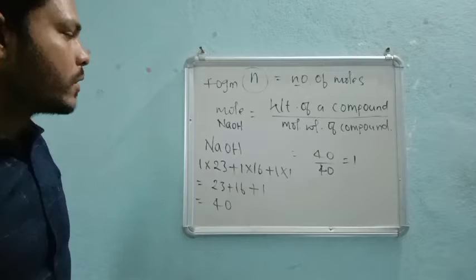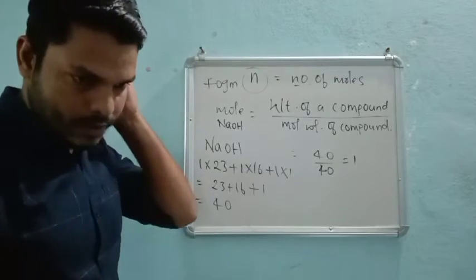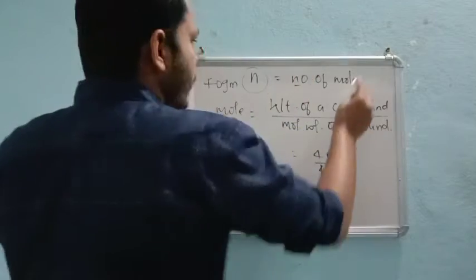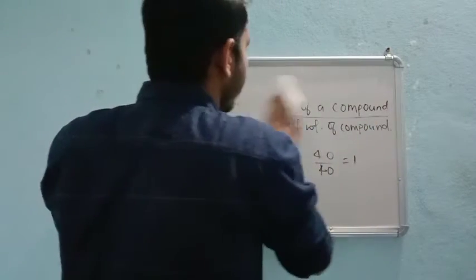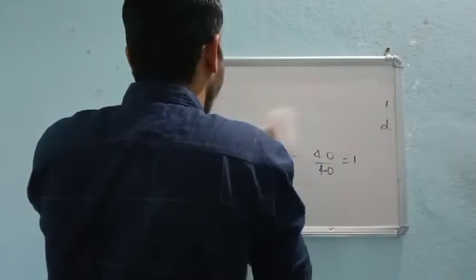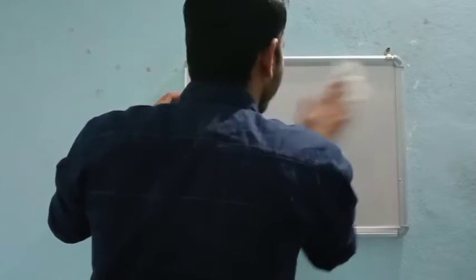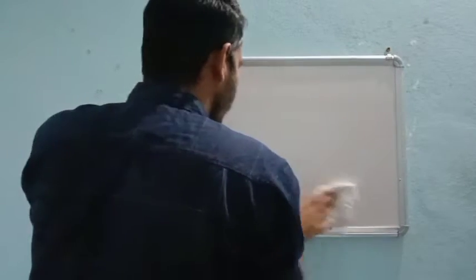In the same way, if we see the water molecule, again we will take that same problem and I will do it once again, because yesterday's class looked very fast to me, so I wanted to explain this mole fraction once again.